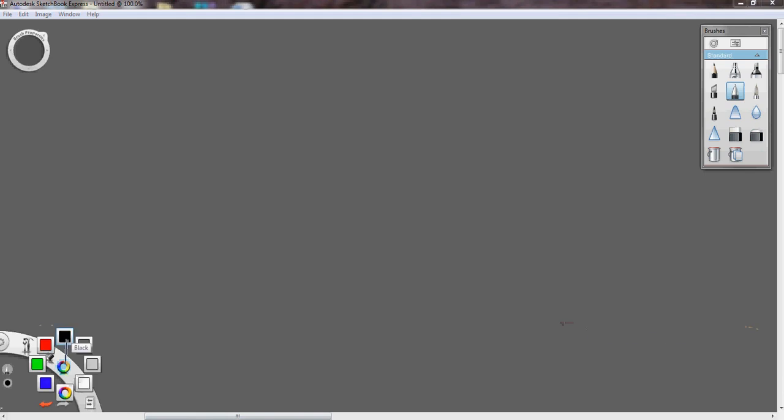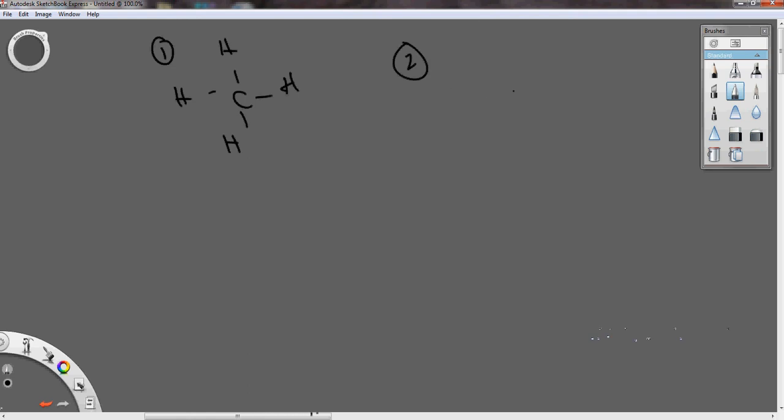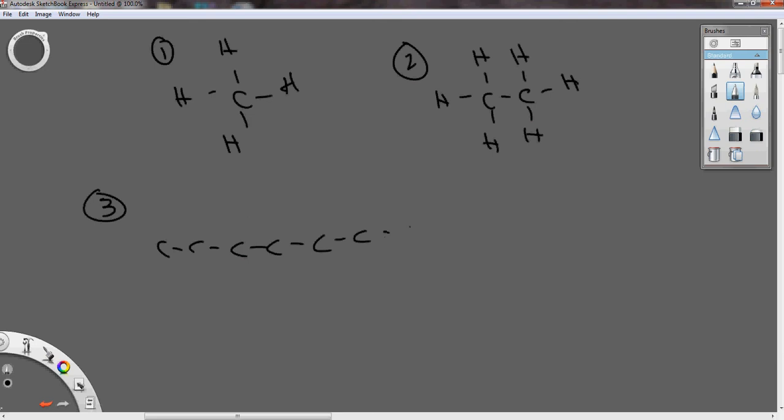Alright, I'll leave you with some practice problems that we can go over the answers to in the next video. Just give the name for them. You don't have to write down, 2 carbon atoms, ethane, or anything like that. Just write down the name: methane, ethane, propane. I'm not going to include the hydrogen atoms in this one because it's long.